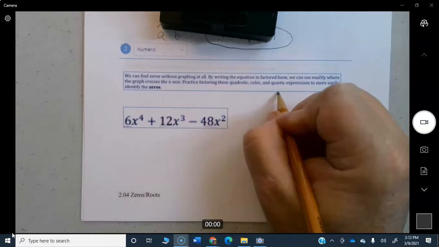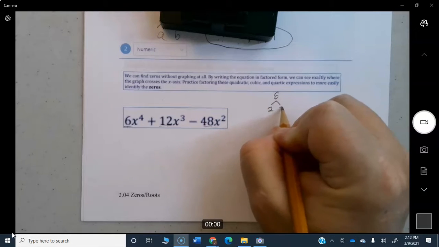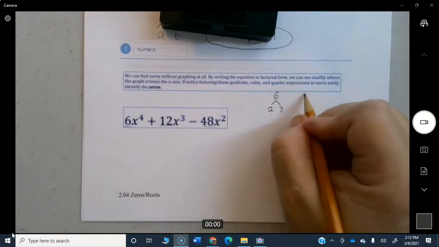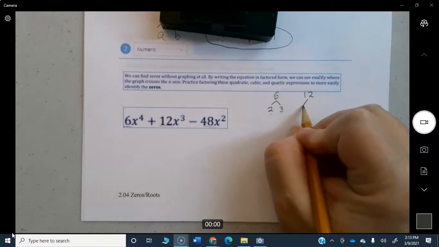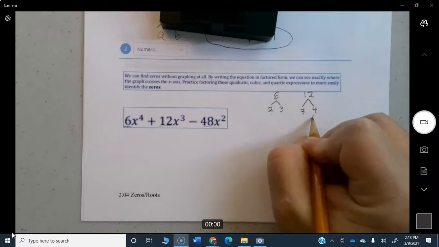So I'm going to come way over here. 6 can factor into 2 times 3. And those are prime numbers, so that's fully factored. 12 can factor into 3 times 4, and then 4 can factor into 2 times 2.